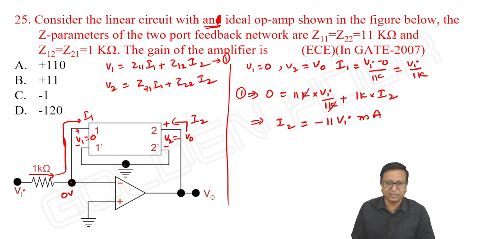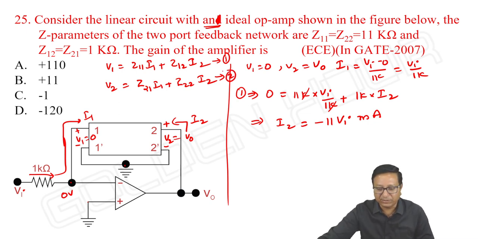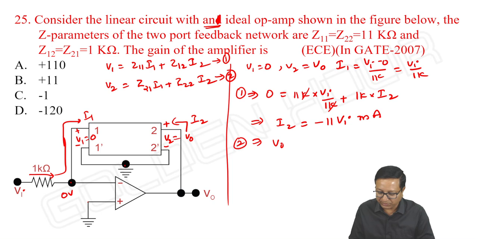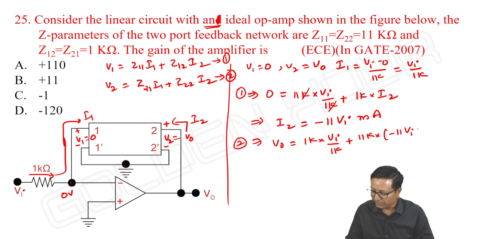Simple networks, I am not doing anything much. Next, let us take the second equation. V2 means V output. Equation 2 implies V output is equal to Z21, which is 1 kilo ohm, into I1, which is VI by 1 kilo ohm, plus Z22, which is 11K, multiplied with I2, which is minus 11 VI into 10 power minus 3.